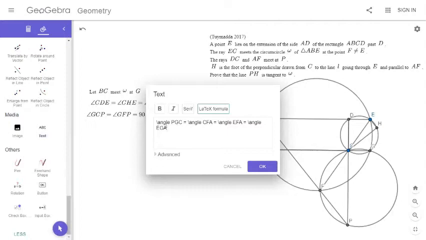So we want to show PGC is 180 minus HGC. So EGA.